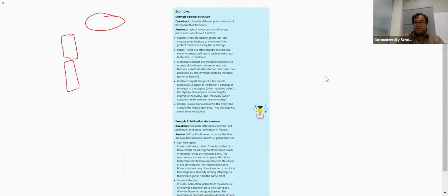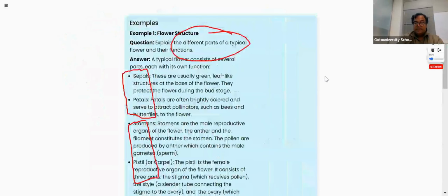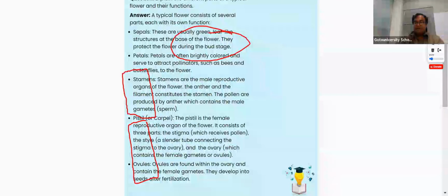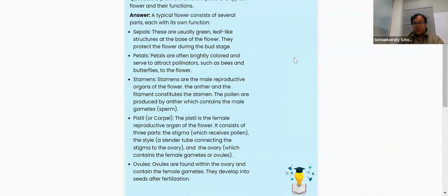If you're talking about the ovule, the ovule is a part of the ovary which is mainly responsible for holding the female gamete, so that once the male gamete is delivered to the ovule, it facilitates the fertilization process.